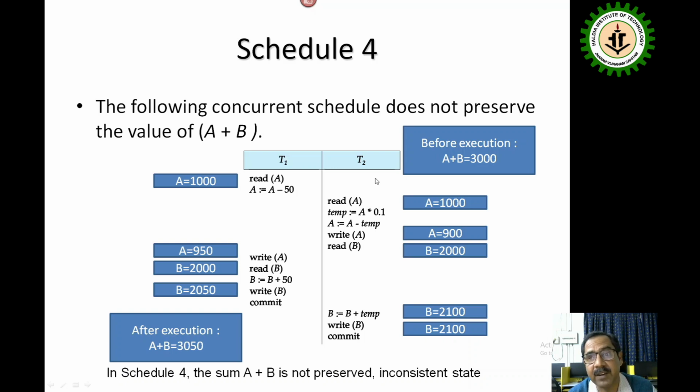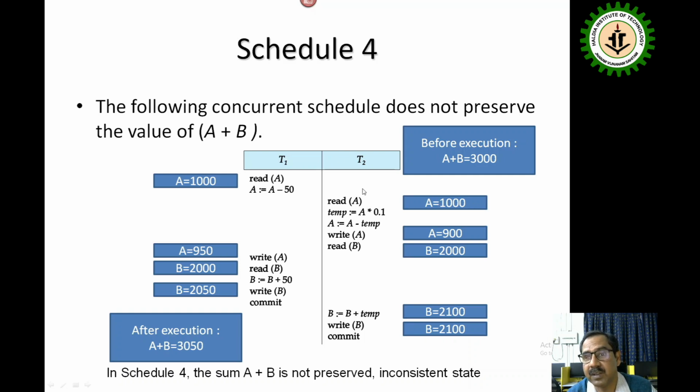Before performing the write operation, T2 already read the data item A. So what will be the value of A? Again the initial value 1000, because T1 read data item A, then in the local buffer T1 performs A minus 50, that is 950, but it is not updated on the database. So on the database, the value of A is still 1000.